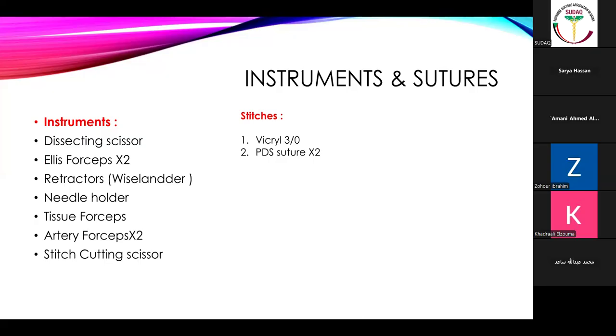You prepare your instruments. Your instruments are dissecting scissor, 2 Ellis forceps, retractors, and if it is available, the Weislander retractor is better, because the Weislander retractor is self-retaining. It will reduce the hands at that field. It's a very narrow field. Needle holder, tissue forceps.